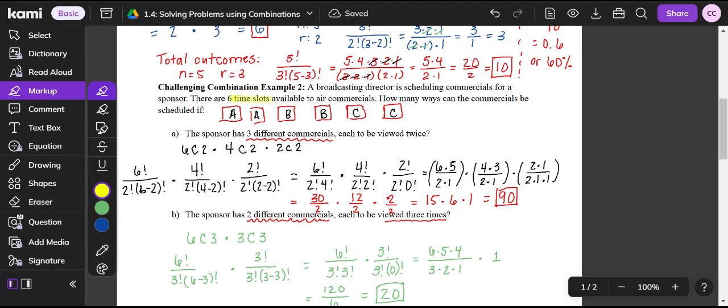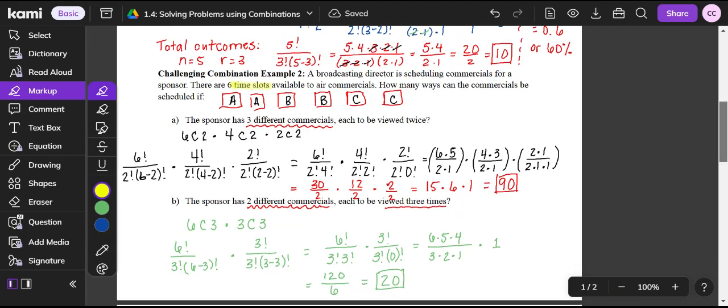It does not matter what order commercials run in, as long as you get your commercial out there on TV at some point. So anything like that, when you're scheduling a time for something and you have available slots, and it doesn't matter what slot you pick, just as long as you schedule it, that's also letting me know it's a combination.